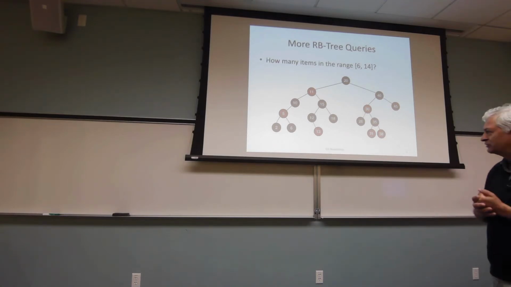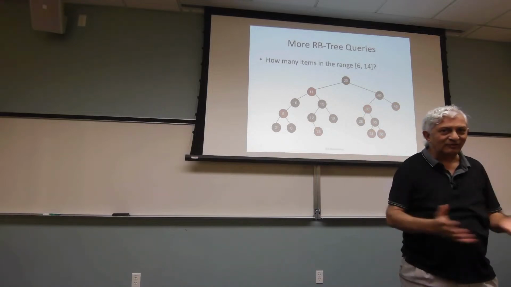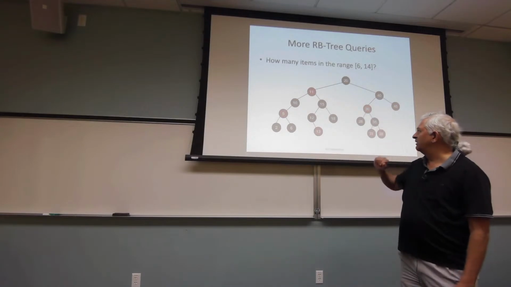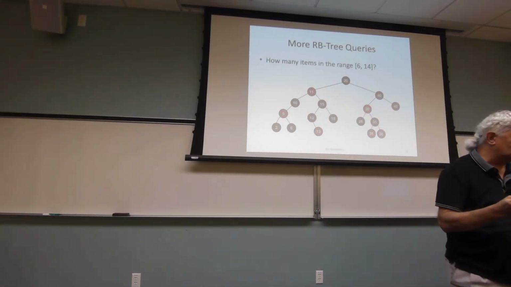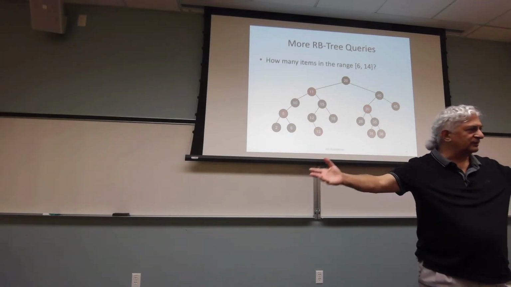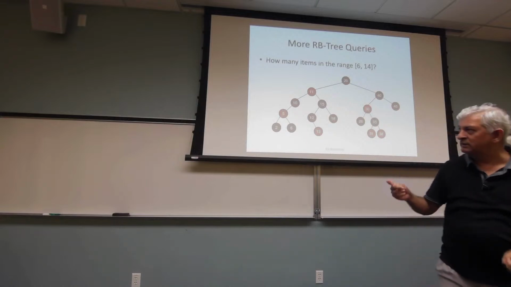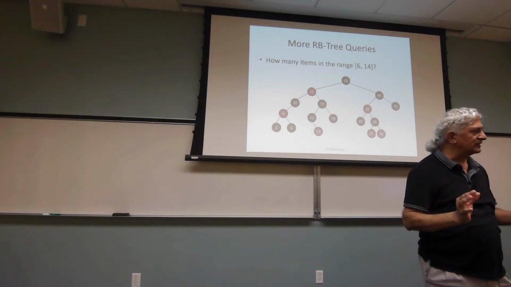What you'd like to do is to spend time that is proportional to the height of the tree, not every node in the tree. And it all depends on the query. If the query gives you a small range, then it can be done more efficiently. If the query is the entire range, you have to go and visit every node in the tree. And here we are assuming that you're allowed to pre-process this and do whatever you want with it.